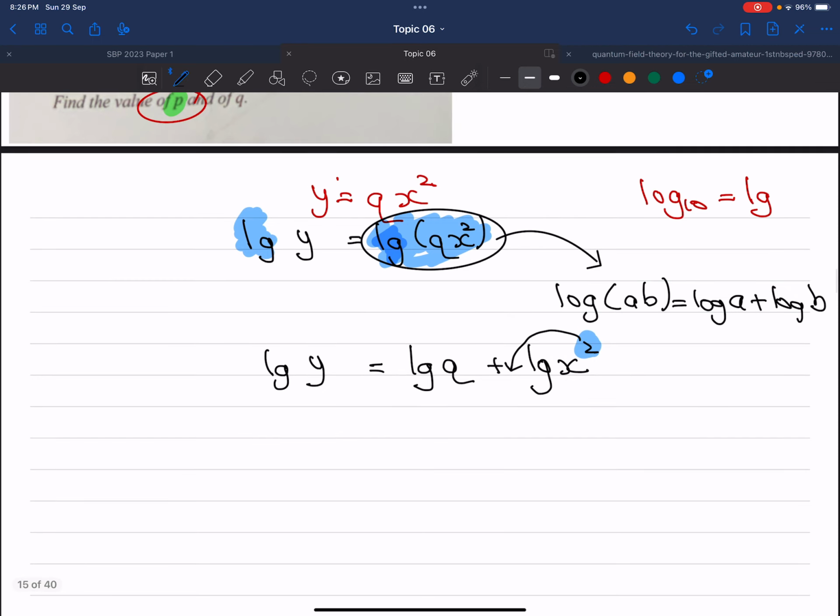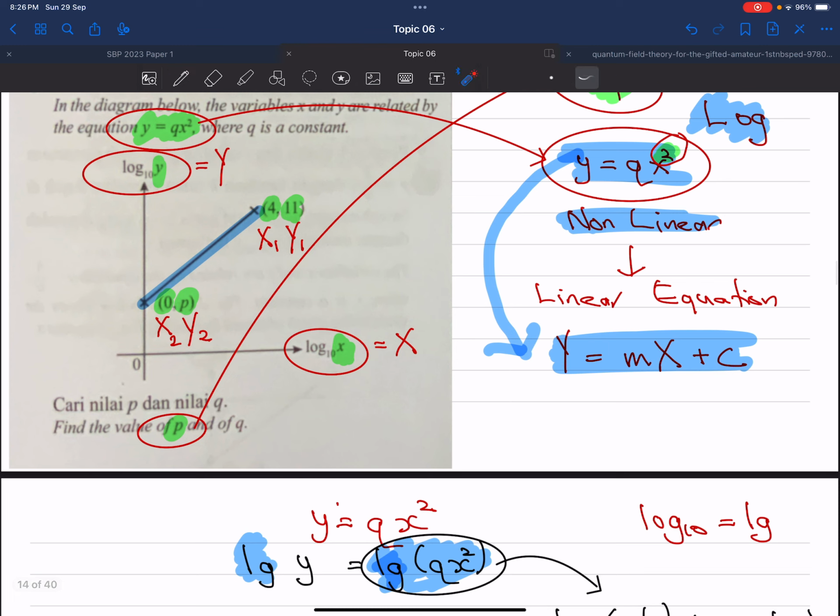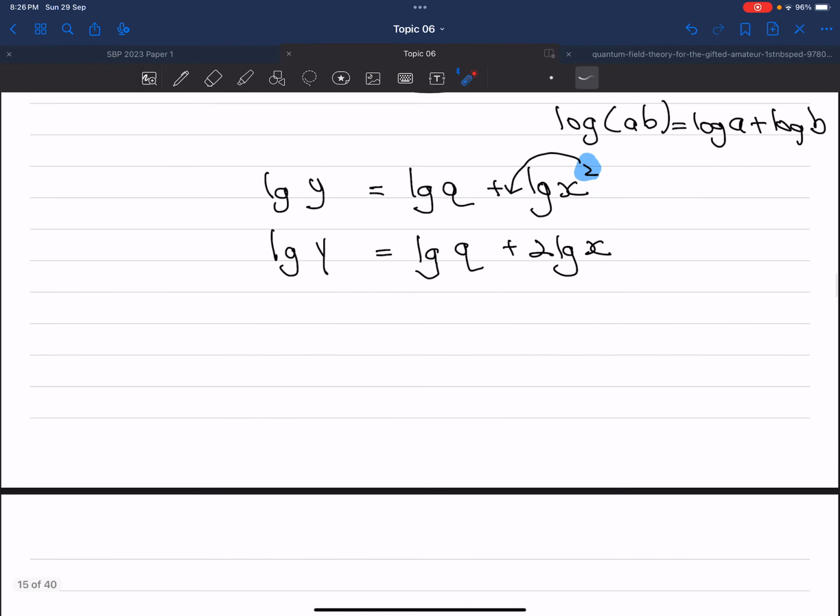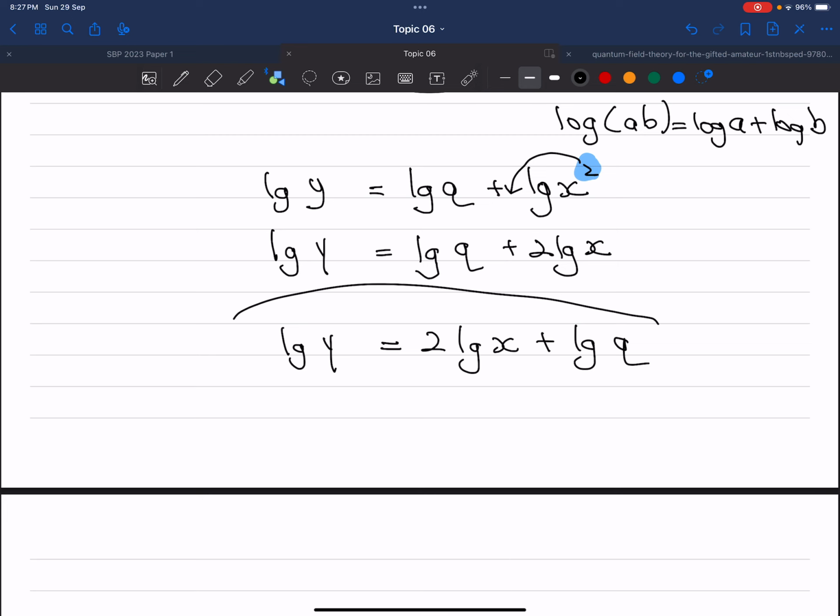So now this becomes log Y equals log Q plus 2 log X. And if you look at this linear equation, the X term is here. So what I'm going to do, I'm going to exchange this and this, change place, which will become 2 log X plus log Q. And left hand side, just copy back log Y. We have got the linear form.